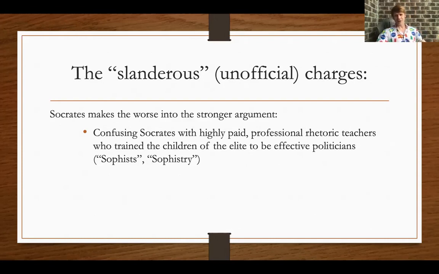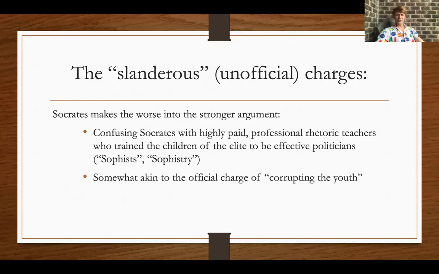Now let's talk about the second slanderous charge, right? He makes the worse argument into the stronger. He's being accused of being a sophist, right? And so the idea here is that sophists are people who influence young children and teach them how to be manipulative and effective politicians, right?